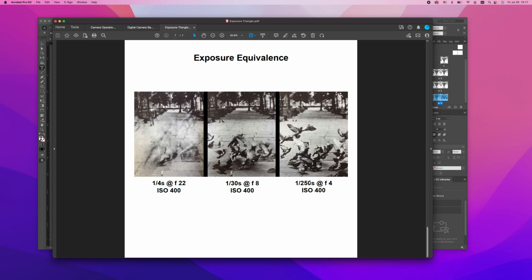But what you sacrifice is this depth of field, right? So if you compare the backgrounds in all these images, you'll see that at f22, the background is sharp, versus at f4, our depth of field is really shallow, and the focus only really is falling on these birds here, okay? And so that's, again, your tools when you're making your pictures.